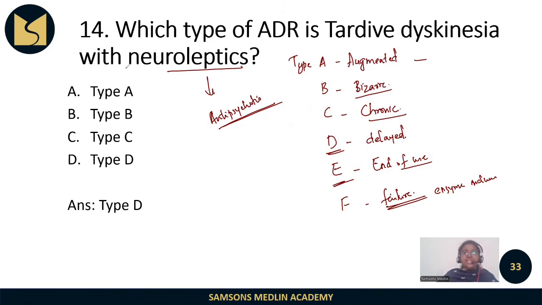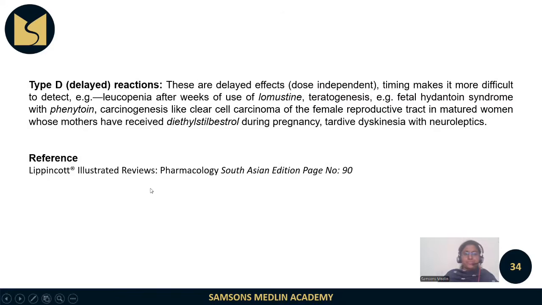It is a kind of delayed ADR, that is type D. Hope it is clear to everyone. Other examples of type D reactions include fetal hydantoin syndrome caused by phenytoin, and carcinogenesis. All these are different examples.